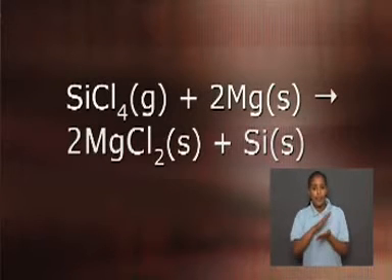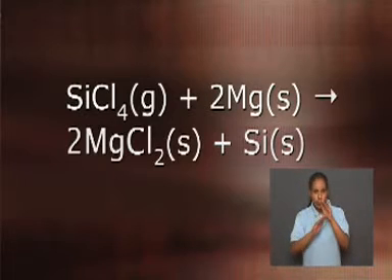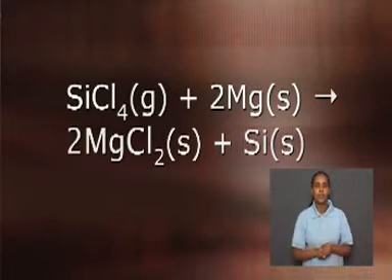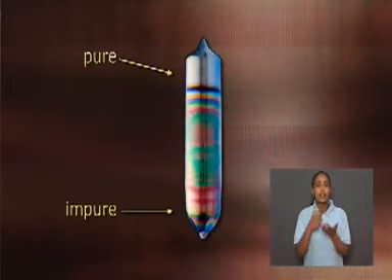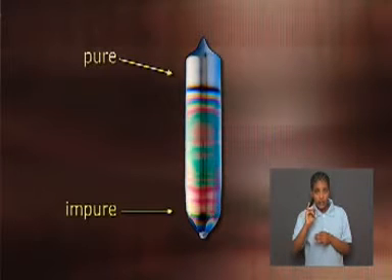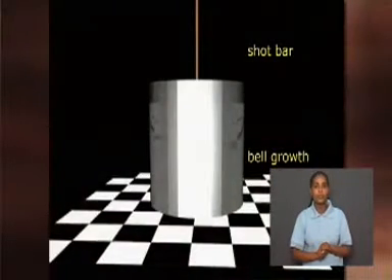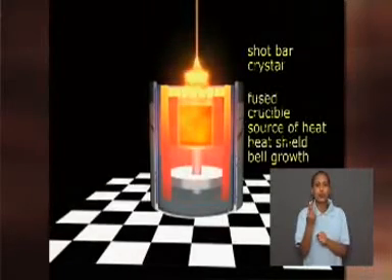The purified silicon tetrachloride is reduced to silicon using magnesium. The magnesium chloride is washed away with water, and then the silicon is remelted and made into bars. A final purification is done using zone refining.